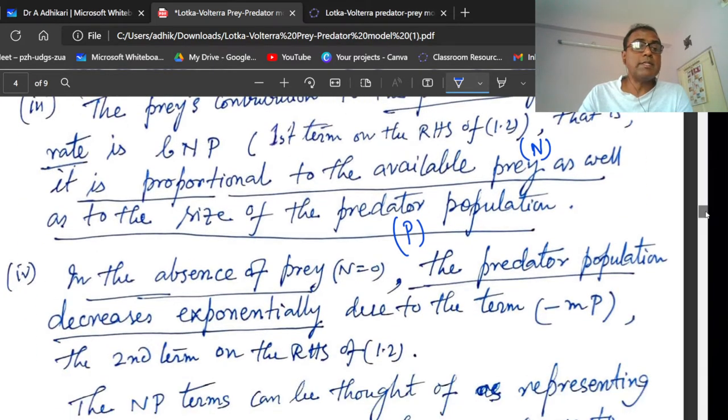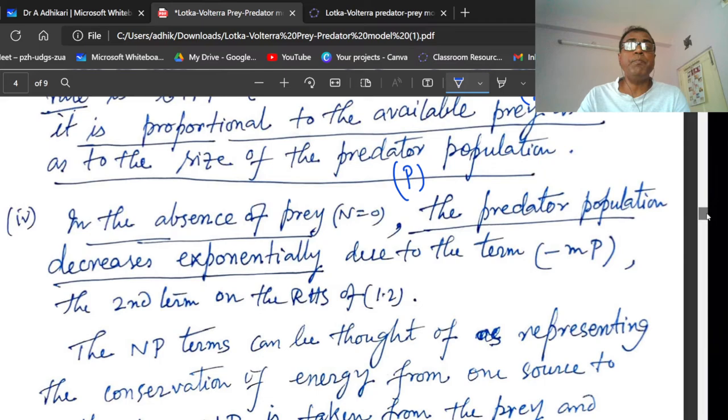And the fourth assumption: in the absence of prey, that is N equal to 0, the predator population decreases exponentially due to the term minus MP.